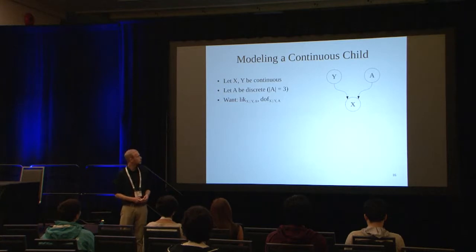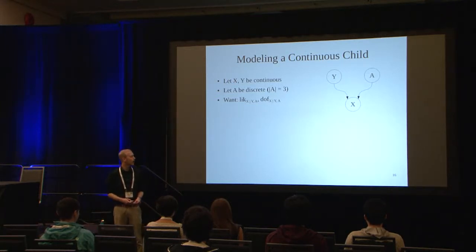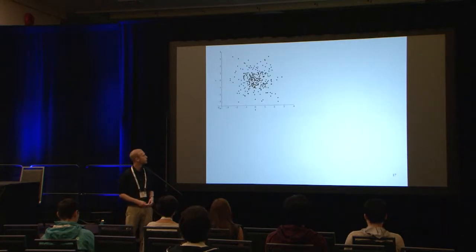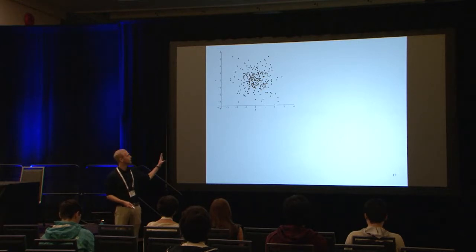So to depict this, let's let x and y be continuous and A be a discrete variable with three categories. Here, x is a child of y and A, so we want to calculate the log likelihood of x given y and A and the degrees of freedom of that model as well. Going through that procedure I just talked about, we start off with some data.